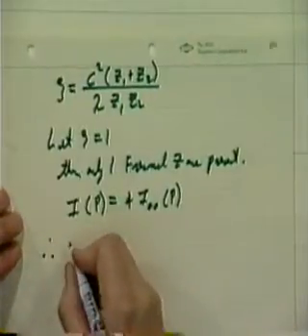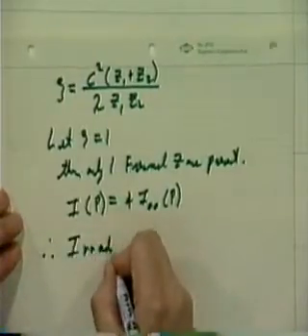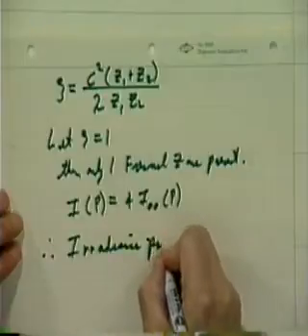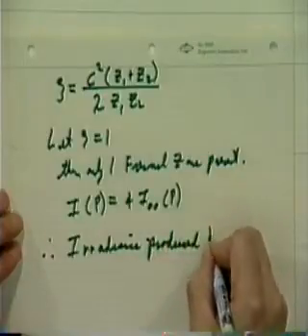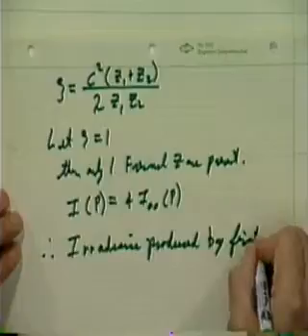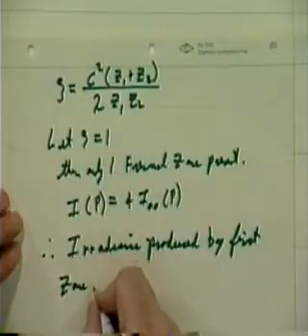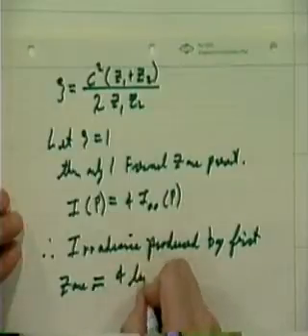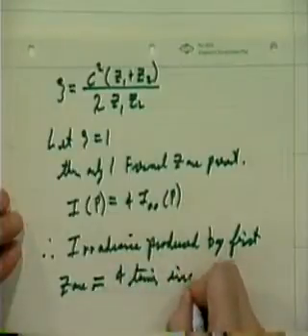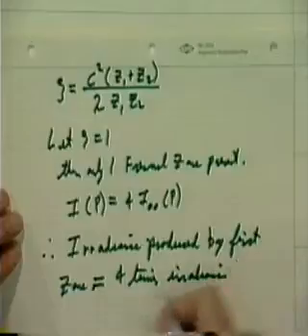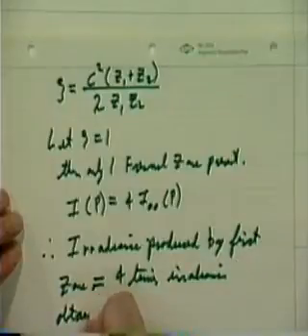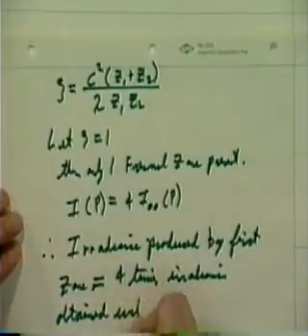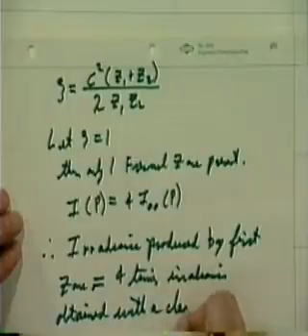So therefore, I'll say irradiance produced by first zone equals 4 times irradiance obtained with a clear aperture.